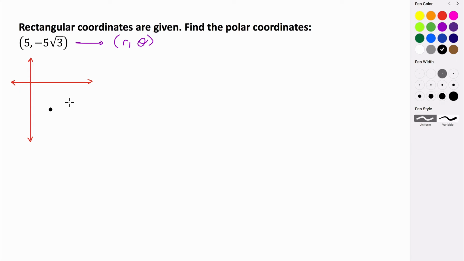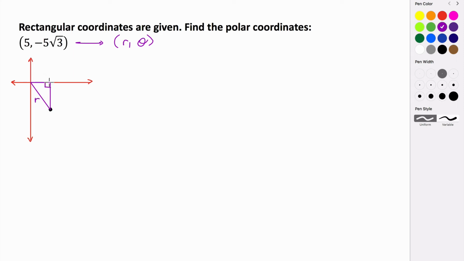So we want to try and find a value of r and an angle measure that will put us at this same position. So to find the value of r, we can just construct a right triangle here. Remember, r is just the distance from the pole to our point. So this is r here.